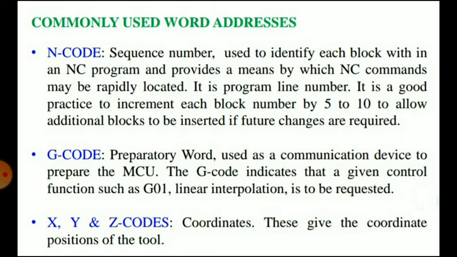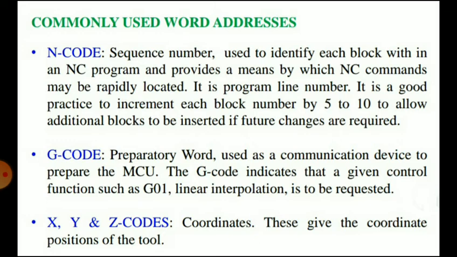It is good practice to increment each block number by 5 to 10 to allow additional blocks to be inserted if future changes are required. So you will see in a program the sequence number is N05, then the next block will be N10, then the next block will be N15. That is, it is incremented by 5 to 10 to allow additional blocks to be inserted if required.